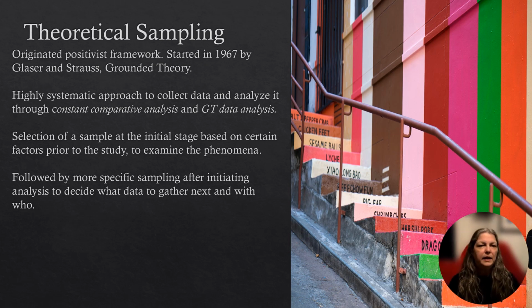Theoretical sampling, again, this is all about positivism, right? It's all based on grounded theory. So I know we talked a little bit in week 3 about grounded theory, but I'm going to give you a little bit deeper knowledge on it. So Glaser and Strauss, when they were doing it, they needed the language to say what grounded theory was, right?